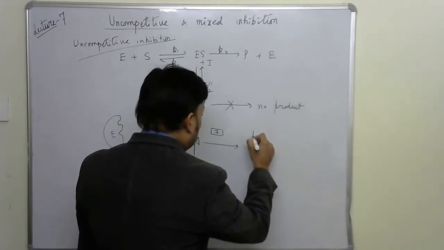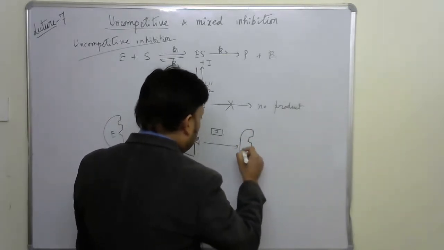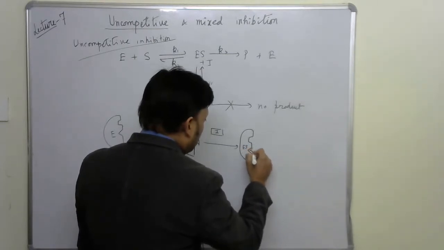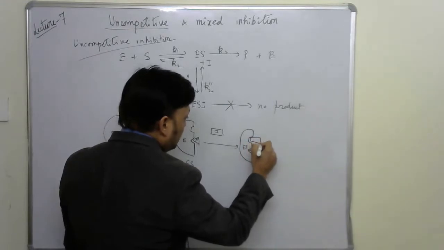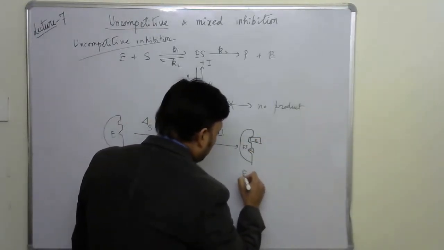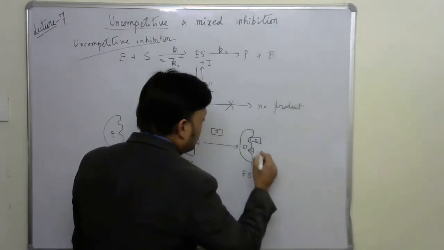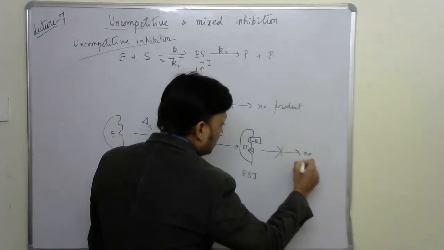So the inhibitor binds to another site over here. This is called the enzyme substrate inhibitor complex, and it fails to give you any product.